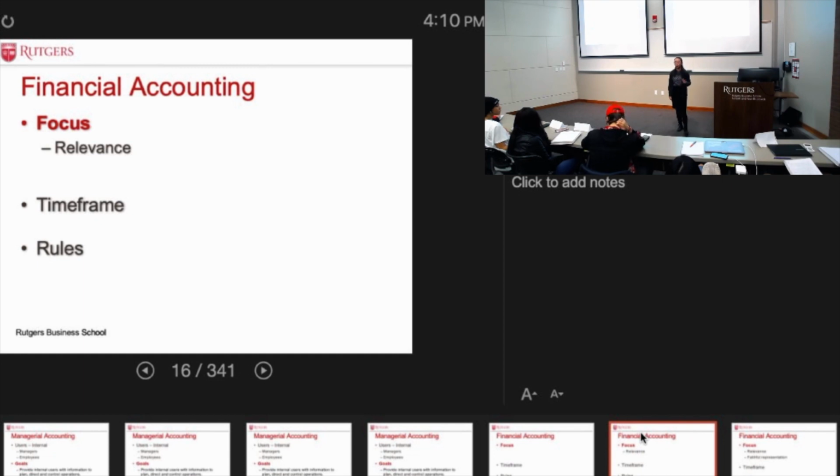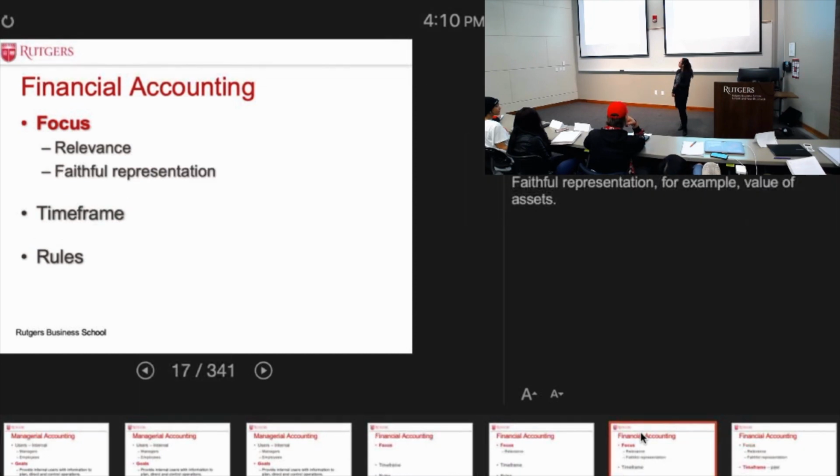So those are the relevant information that external users want to know, right? So we need to cover the relevant information. And also, the numbers, for example, the value of the asset, need to be faithful, meaning accurate, right? So that's the focus of the financial accounting.